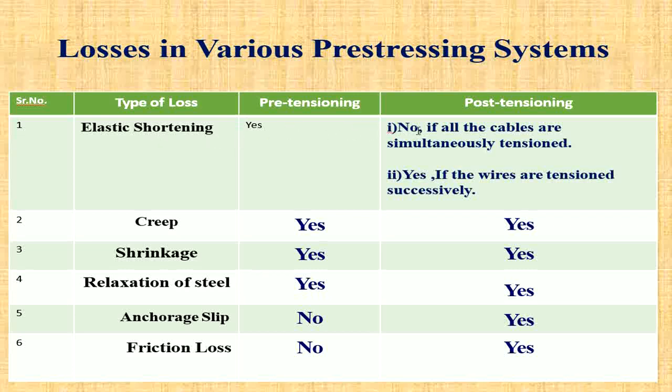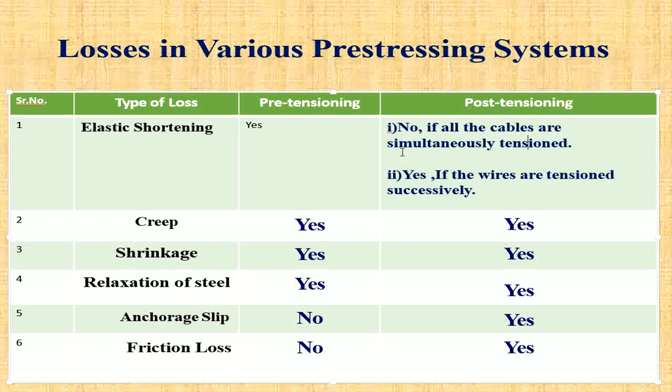In case of post-tensioning, if the cables are simultaneously tensioned, then no loss due to elastic deformation will take place. If the wires are tensioned successively, means one by one, then the loss can be considered due to the elastic shortening.